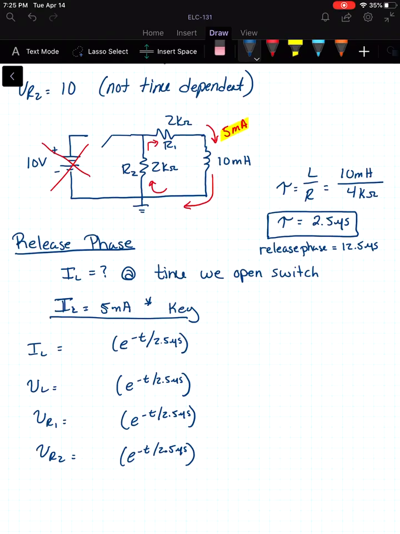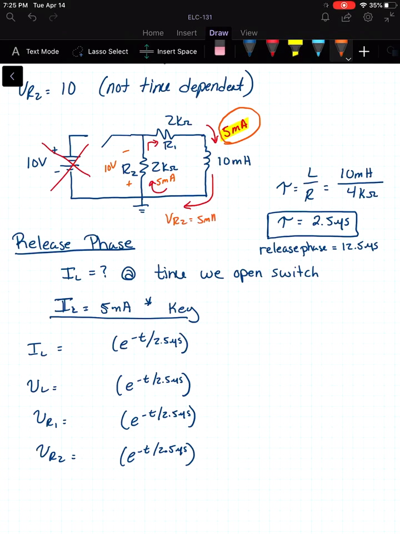Okay, so some of this is pretty simple. So again, it all starts with the 5 milliamps that we have here. Now, if I have 5 milliamps through 2k ohms of resistance, that would mean that I would have 10 volts right there. Does everyone see that?